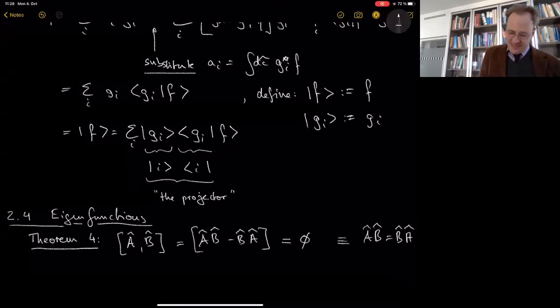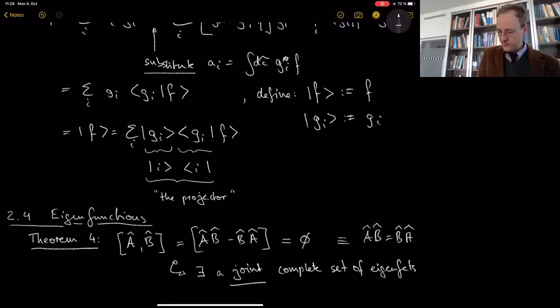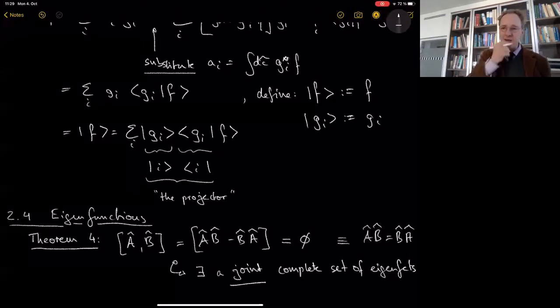If that is the case, then and only then there is a joint complete set of eigenfunctions. So their eigenfunctions are the same.